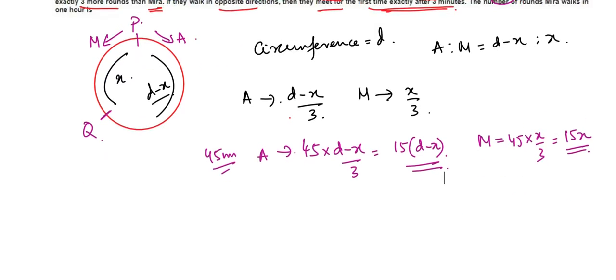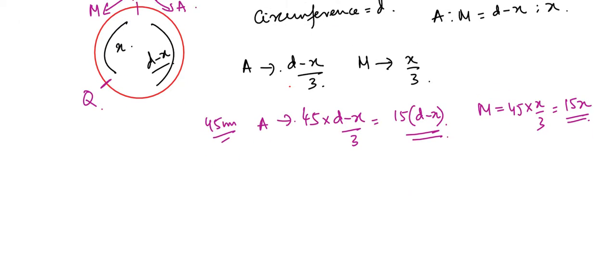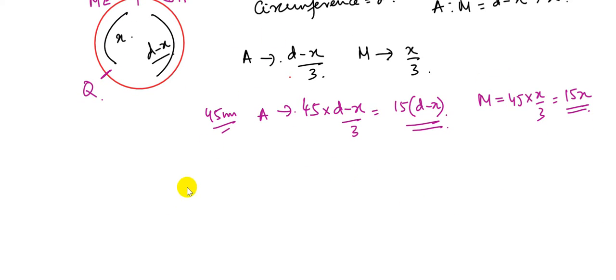Now, it is given that Amal completes 3 more rounds than Meera. That means the distance covered by Amal, which is 15d minus 15x, will be equal to 15x plus 3 more rounds, that means 3 times d. So now I get an equation between x and d.